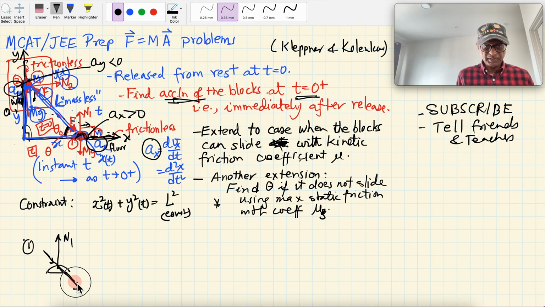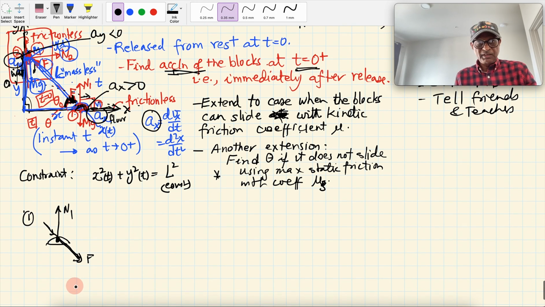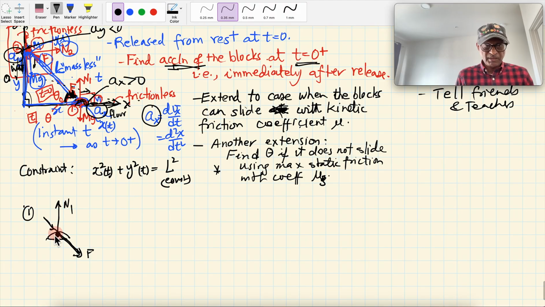Let's put f all the way in this direction, drawn from the same point. Although over there I pointed it towards it, when taking components it's often helpful to write it like this, from the same point. The mg is like that, and this angle is theta.